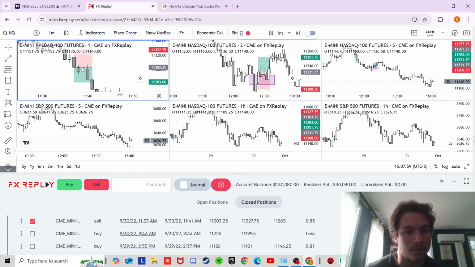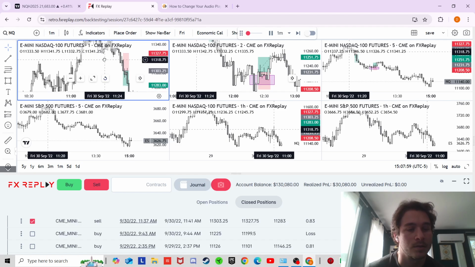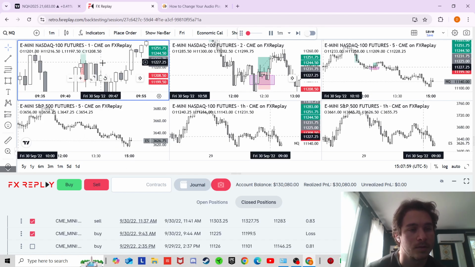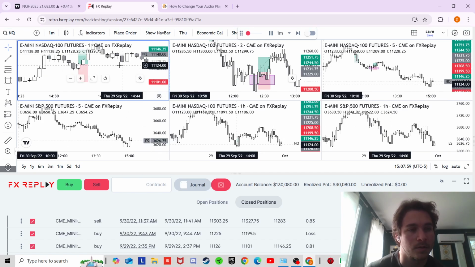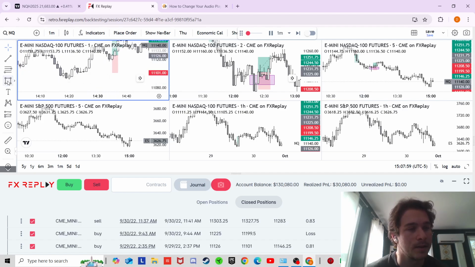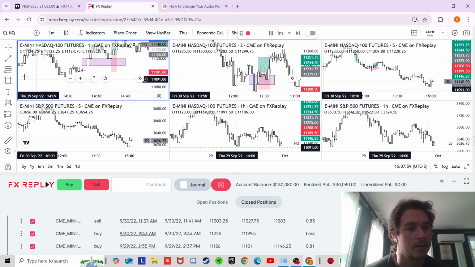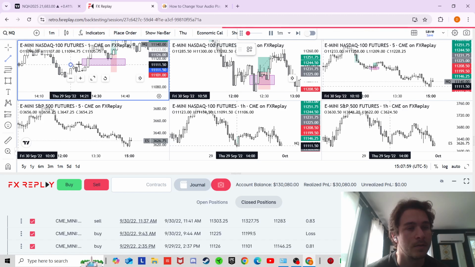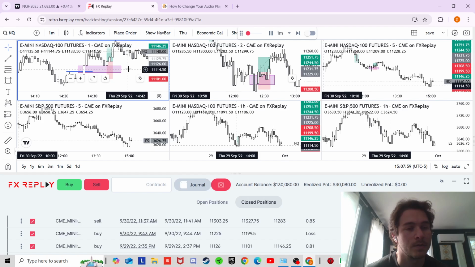Let's see another example. Let me try to find an FVG example. Okay, here's an example of a fair value gap. Gap is here, right? Took out right there. Stop is 25 points.